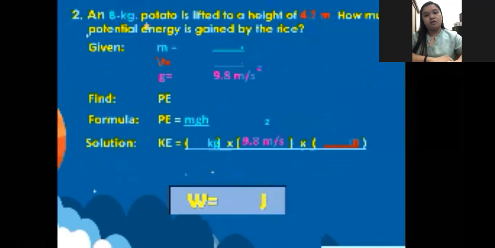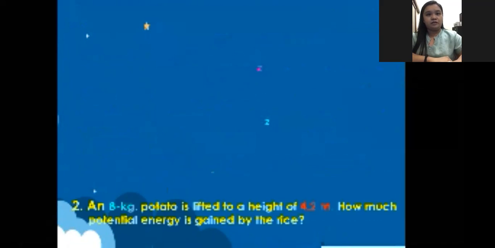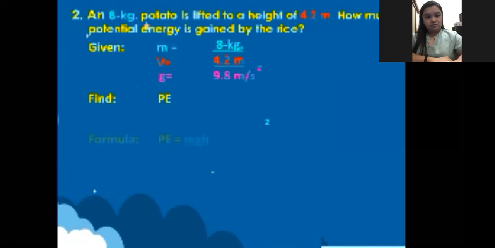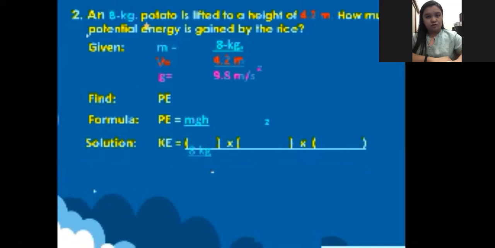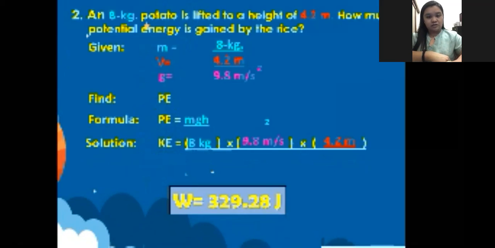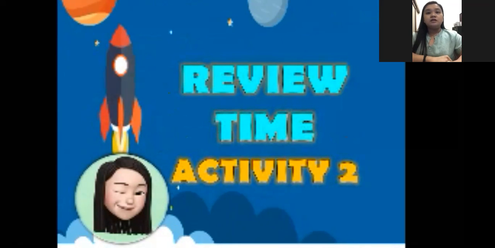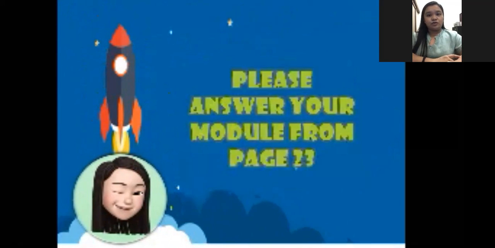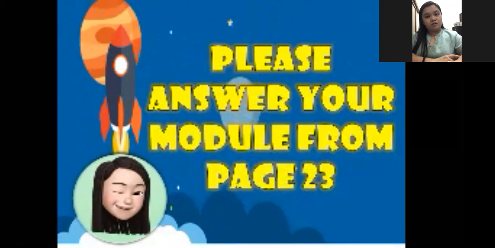Then don't click on the next part as you play it again. Let's see what's the correct answer. If you got the correct answer, then it's a good thing. The correct answer is 329.28 joules.